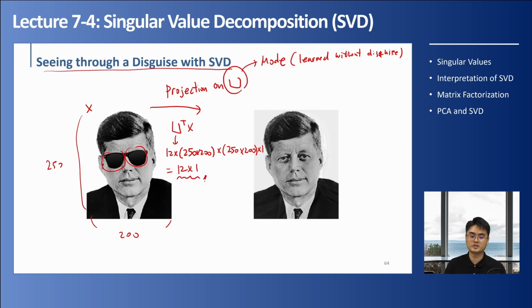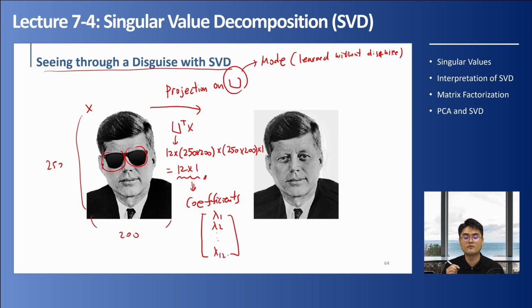So if we project our image to our eigenmode, we're going to get a vector with size 12. And these are actually the coefficients that correspond to each eigenmode, the eigenfaces. Let's say that these are lambda 1, lambda 2 to lambda 12.